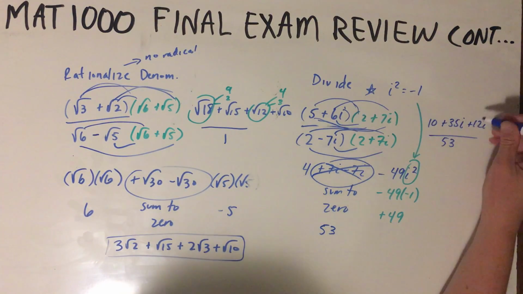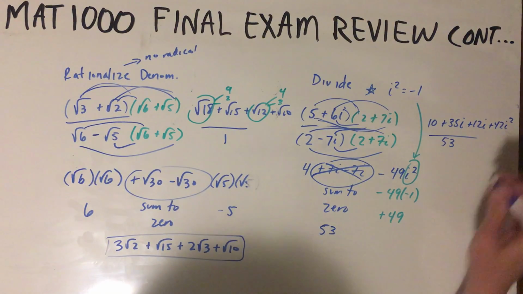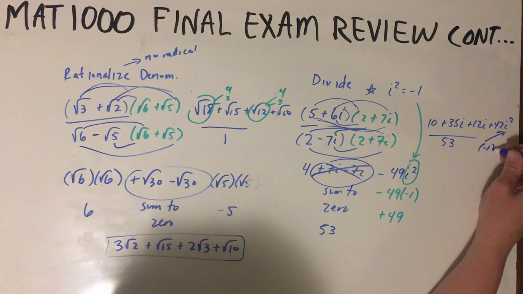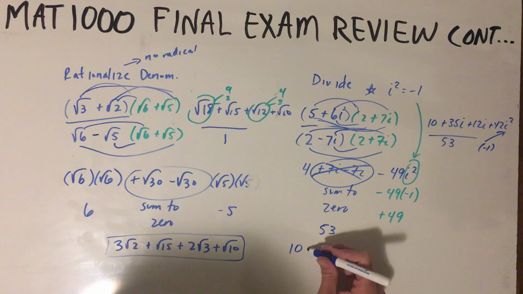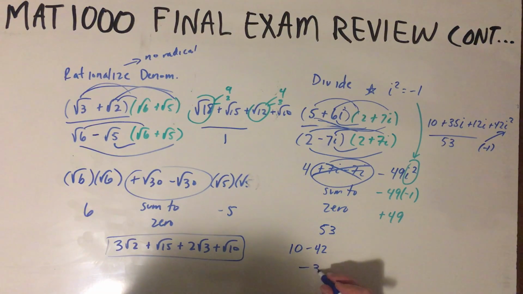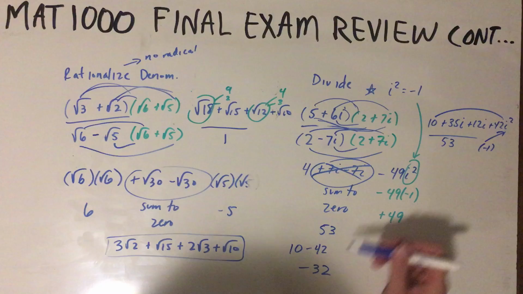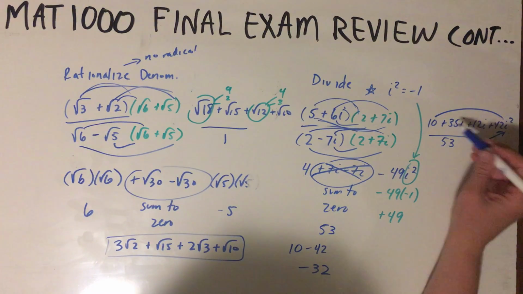And the last, I'm going to get a 42i squared. All right, again, I'm going to replace this value of i squared with a negative 1. So that's going to give me a negative 42. So I'm going to have 10, sorry, I ran out of room over there, minus a 42 is going to give me a negative 32. So when I combine these two, I get a negative 32 because i squared is negative 1.